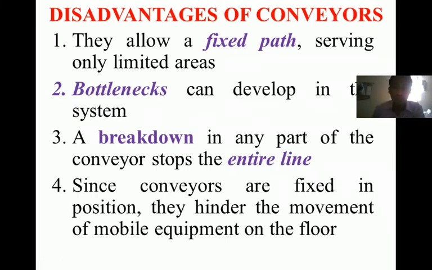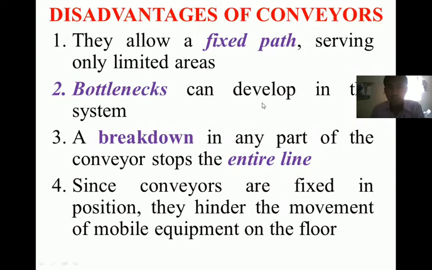We cannot remove it and use it somewhere else, because again you need to do the proper fitting. So it can be used only at a fixed path, serving only a limited area.